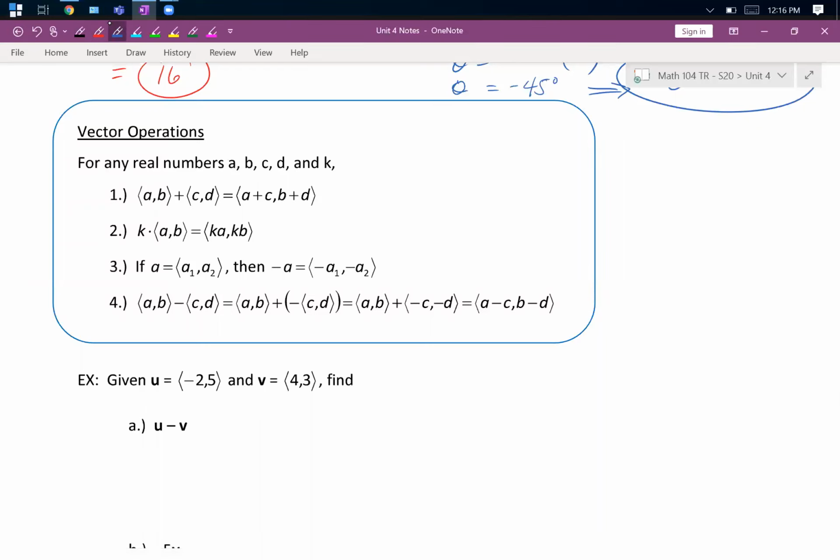To me, that's just the same as property number 2, because that's like having a negative 1 out in front, and I'm just going to distribute that negative 1 to each of my components. And then number 4, yeah, that's super similar to number 1. If we want to subtract two vectors, we're going to subtract the first components and then the second components.